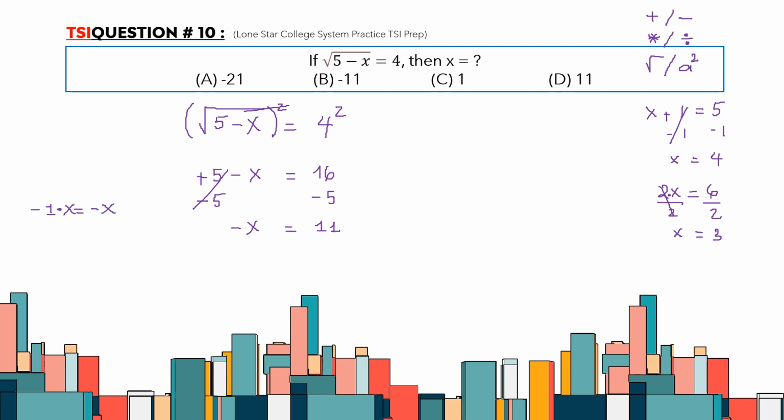So now that is a multiplication, we undo it, so we divide by negative 1 on both sides. So negative 1 divided by negative 1 is 1, so we are left with x on the left hand side, and then we have negative 11 on the right hand side.